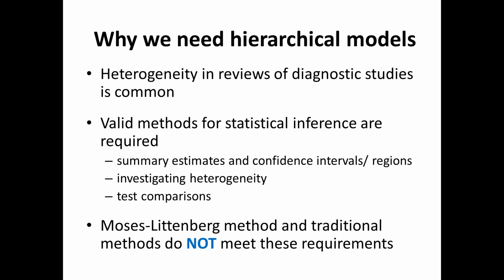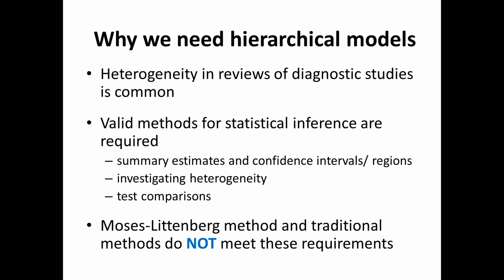But that method does not meet any of these requirements of accounting properly for heterogeneity and for making valid statistical inferences. The method is programmed in RevMan. So if you put your data into RevMan and you produce a curve in RevMan, that is the method that RevMan uses.